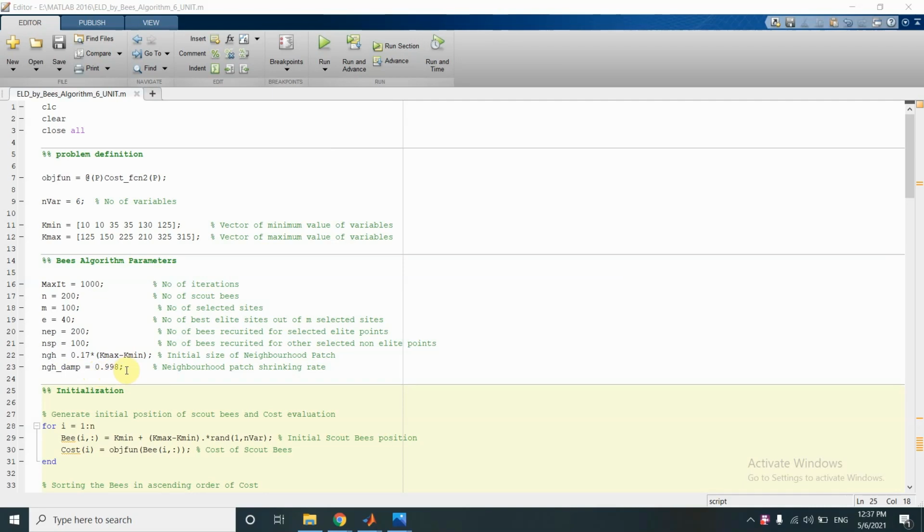So at the end of each iteration, whatever the size of NGH is, we multiply it by 0.998 and decrease it further. We continuously do this in each iteration, so the size of NGH will keep on reducing. This is done so that our algorithm converges after running all the iterations.